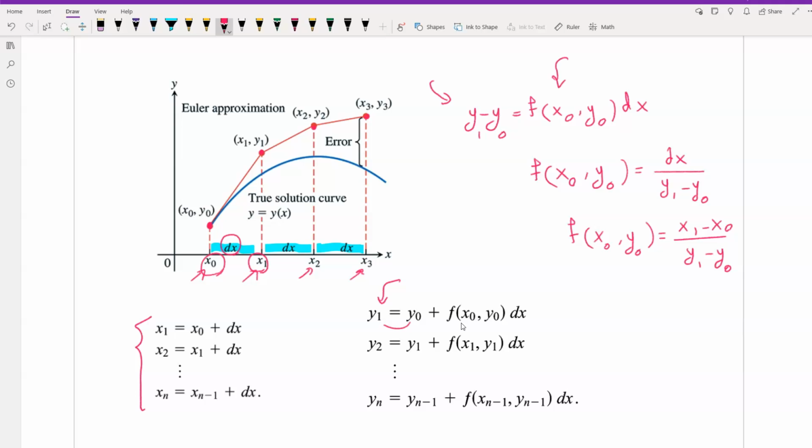Now isolating f of x0, y0, it is equal to y1 minus y0 over dx, and dx is x1 minus x0. So f of x0, y0 is equal to y1 minus y0 divided by x1 minus x0. So this is what we have for the slope.